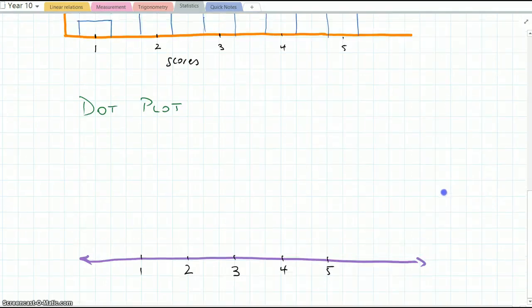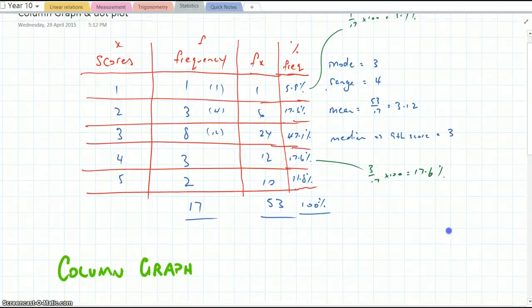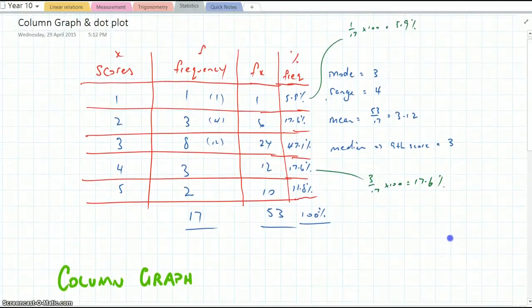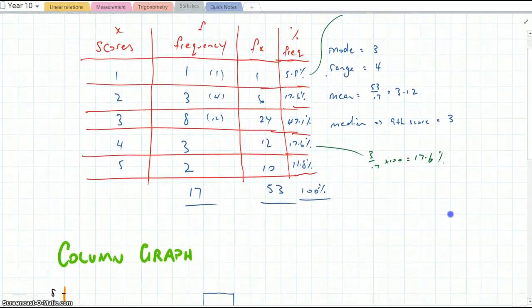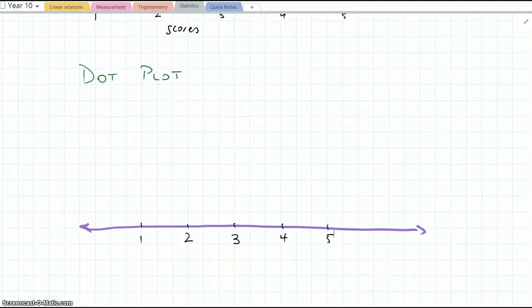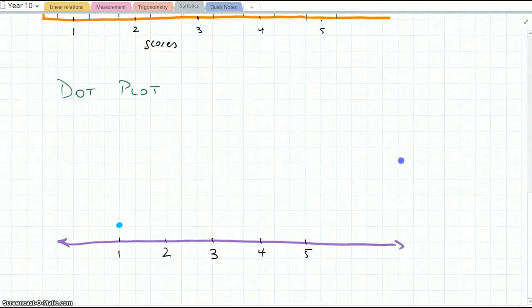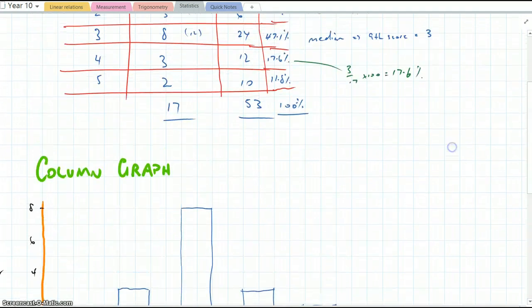Okay, so there are our 5 scores, and all I'm going to do here is put my frequency along the vertical. The frequency is represented by dots, hence the dot plot. So 1 dot for number 1, and I'll get a big fat blue dot out here. Score 2 has a frequency of 3, so he's going to get 3 dots, and we need to make sure they're vertical and evenly spaced as well.